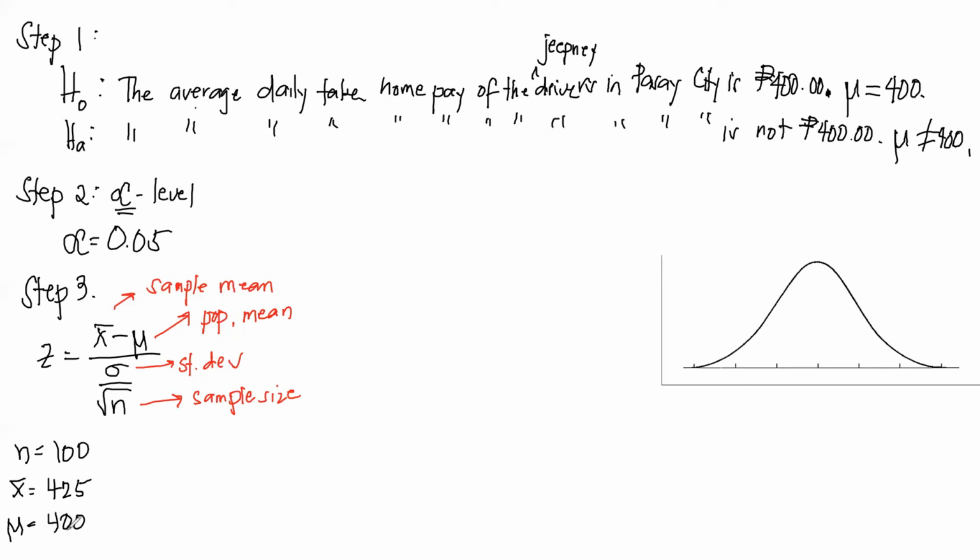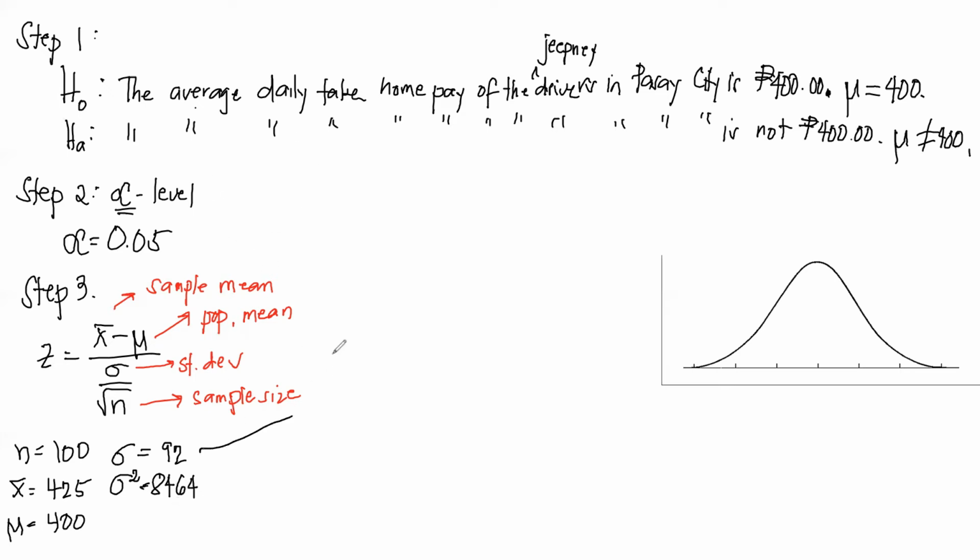And given that we need a standard deviation, and in the problem the given is the variance, which is 8,464, we will just get the standard deviation from the variance. Based on our discussion in the third quarter, we know that the square root of the variance is the standard deviation. So when we take the square root of 8,464, the standard deviation is 92.